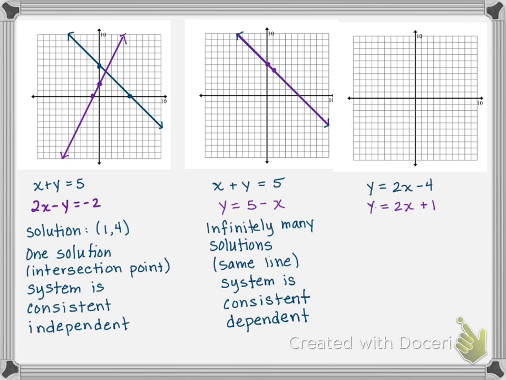And then the last one, these are both in slope-intercept form, so let's just graph our y-intercept. Is at (0, -4). And then my slope is 2, so I'm going to go up 2 and to the right 1 for that first line.